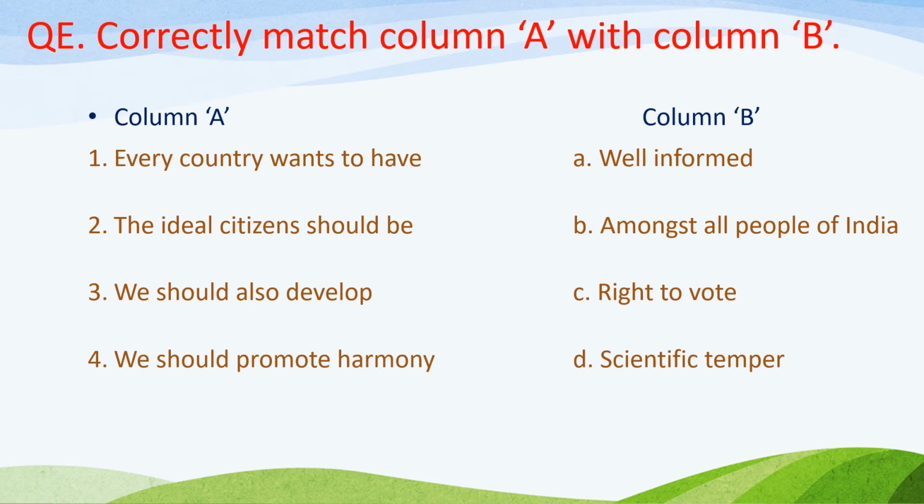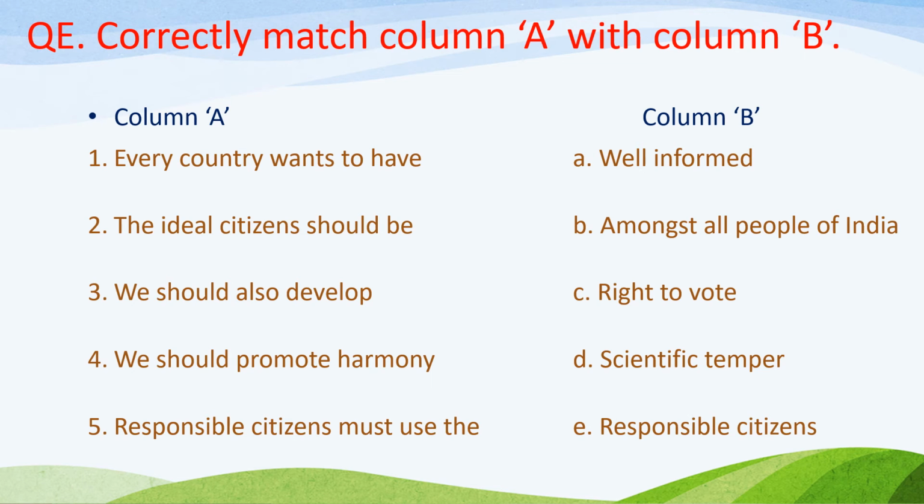Fourth, we should promote harmony. And number 5 is responsible citizens must use the. Now the next column is column B. A, well informed. B, amongst all people of India. C, right to vote. D, scientific temper. And E is responsible citizens. Here given are the two columns and we have to match them.